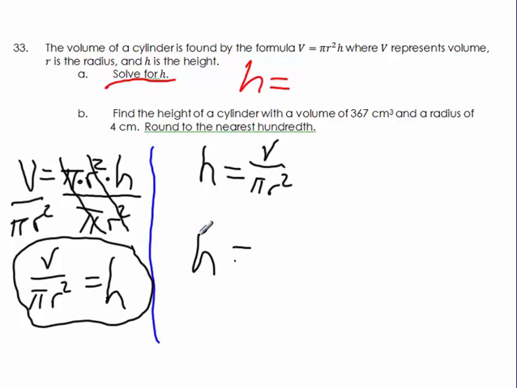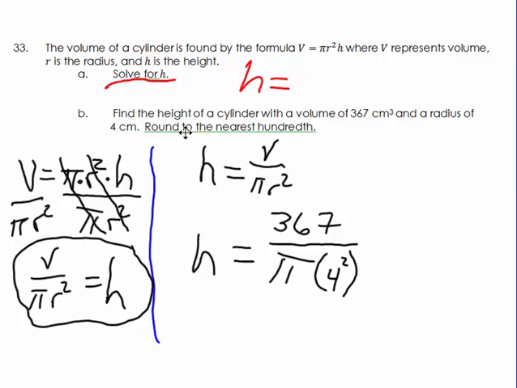So h equals 367 centimeters cubed divided by pi times 4 squared. My r is 4, and 4 is being squared. This simplifies to 367 over pi times 16.